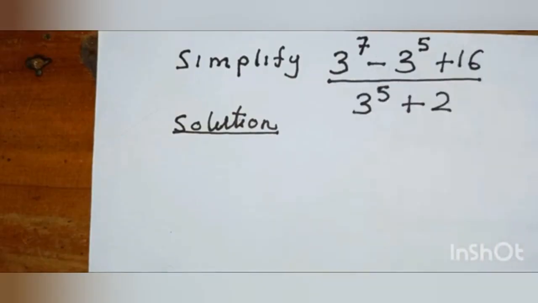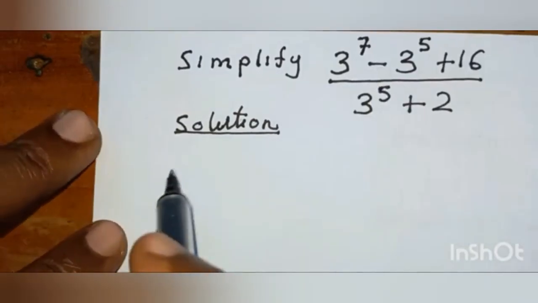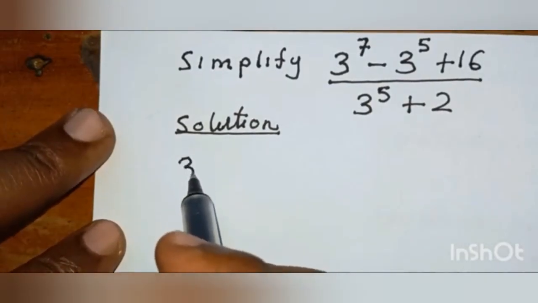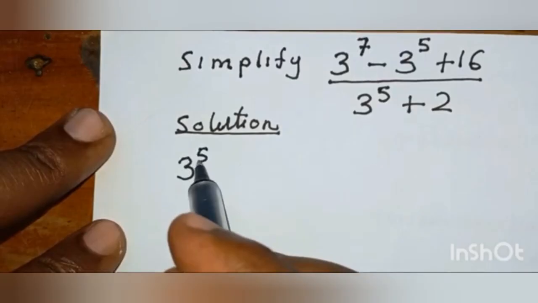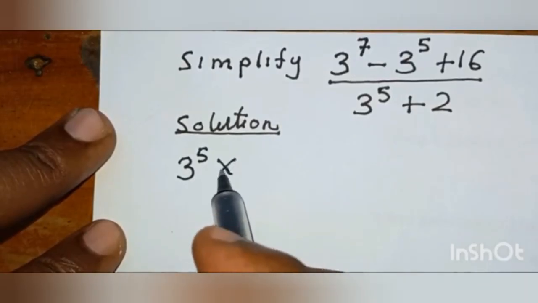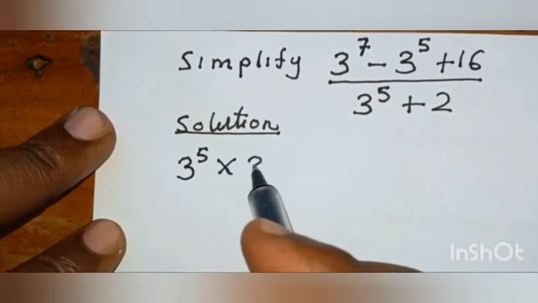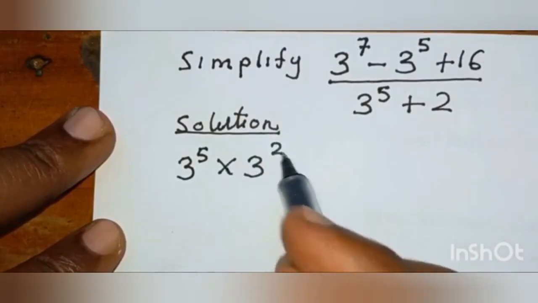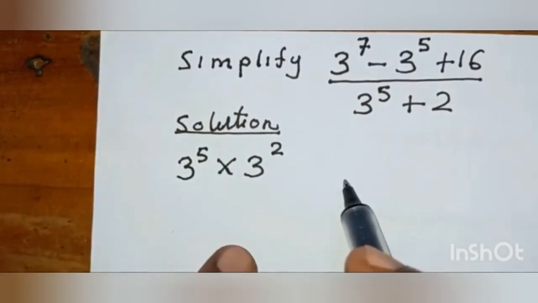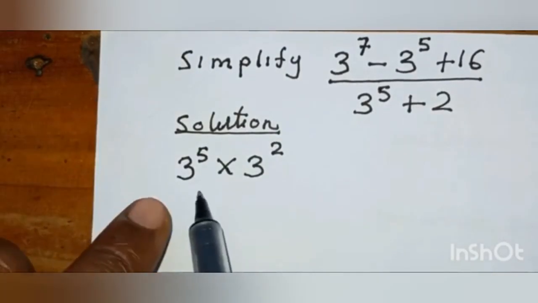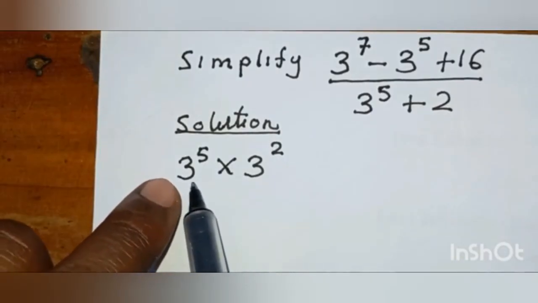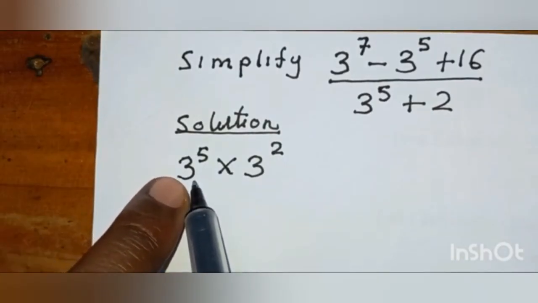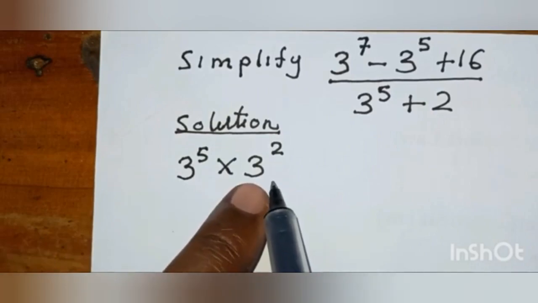So 3 power 7 is the same as 3 power 5 times 3 power 2. This one has base 3, and this one has base 3.